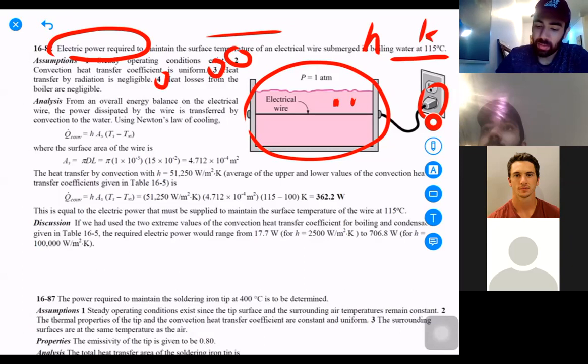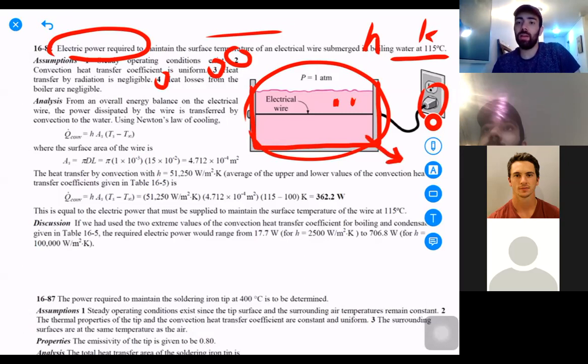That means that my whole system, which is the boundaries of this container, there is no loss of heat from the boundaries of this container.